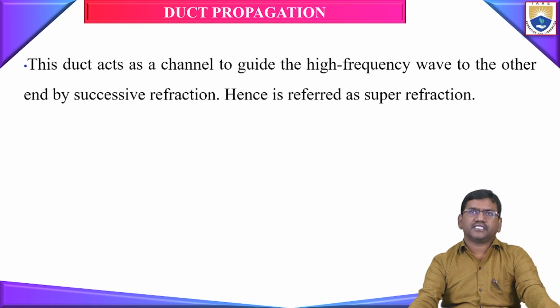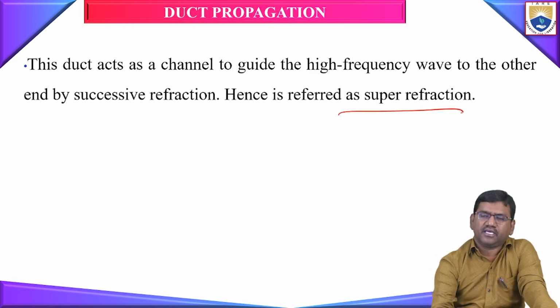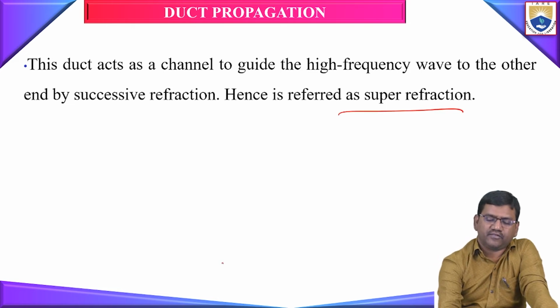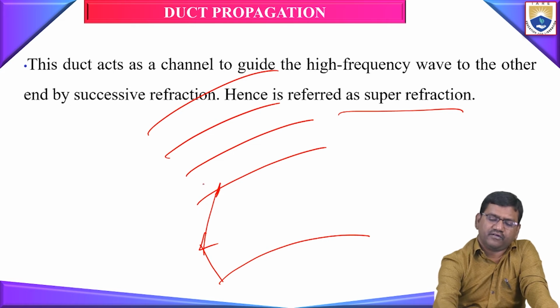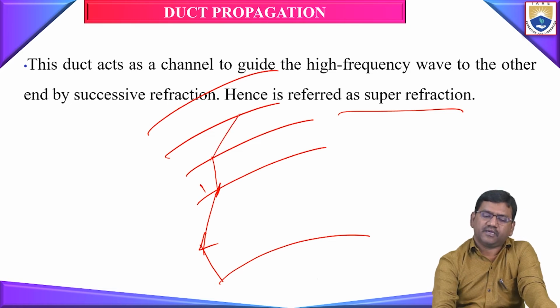So this duct acts as a channel to guide the high frequency wave to the other end by successive refraction. Hence the name super refraction. As the wave is traveling multiple times, we can have one refraction here, again another refraction here, and another refraction here.